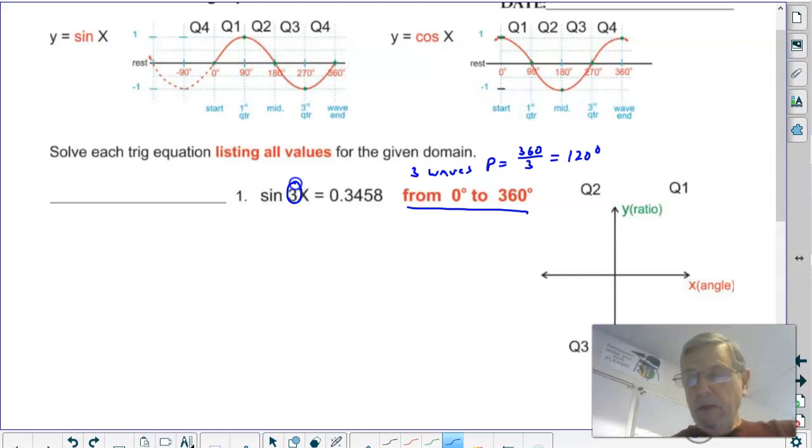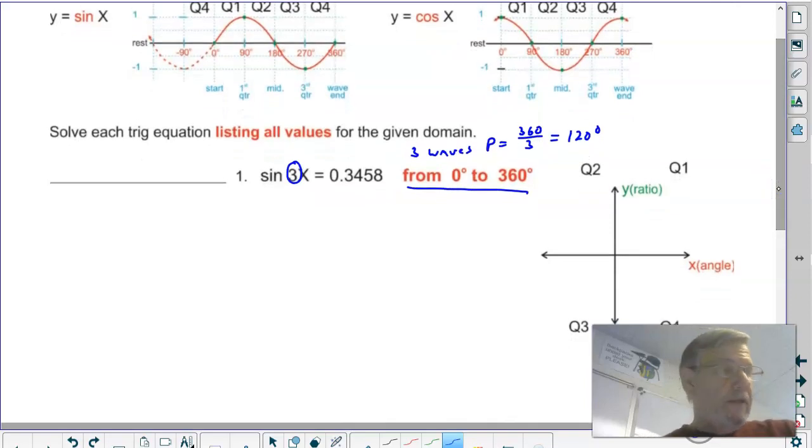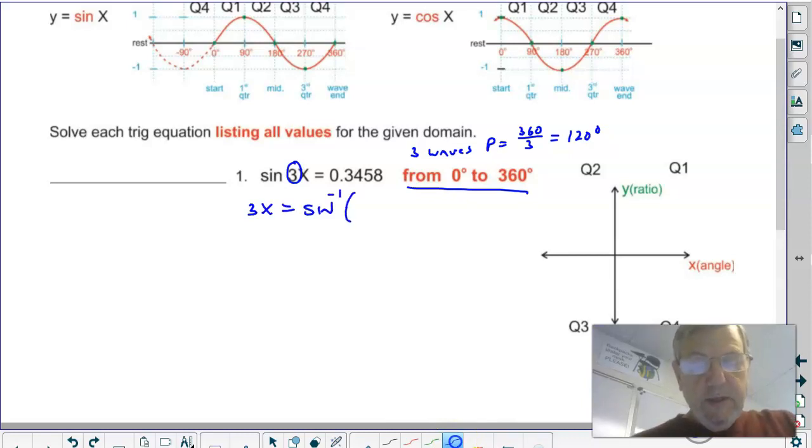Okay, so at this point, you have to figure out, okay, how do I apply this 3 and how do I get the value? So 3x is going to equal sine to the -1 of 0.3458. You cannot move that 3.